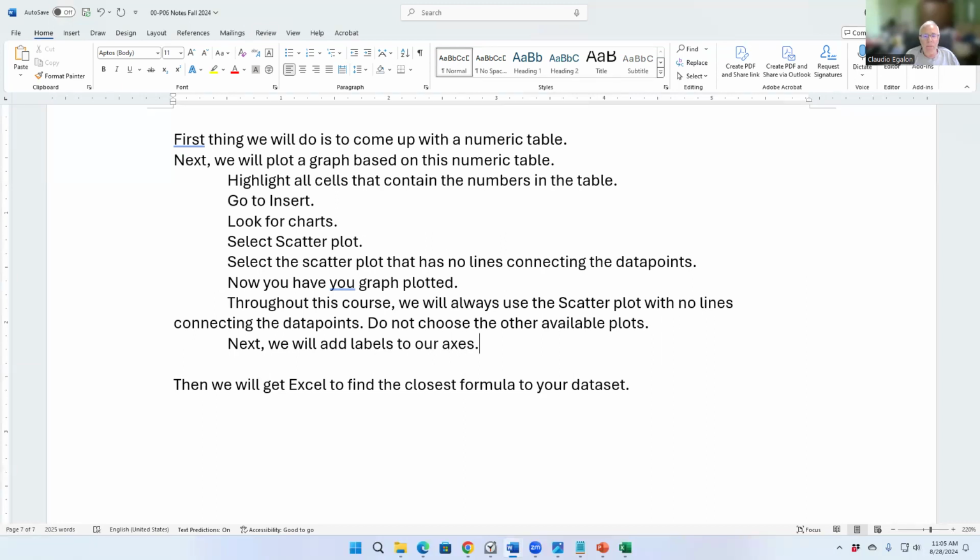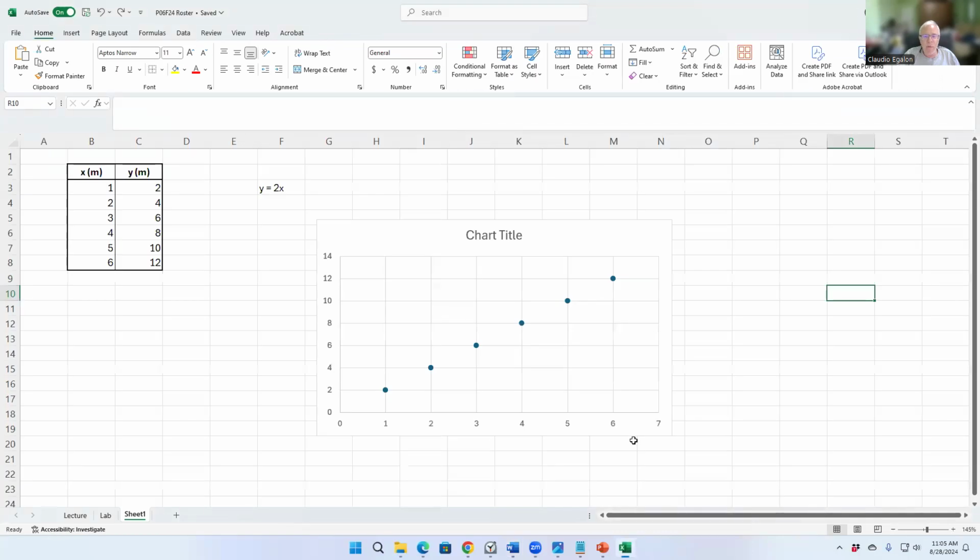Labels to our axis. You will always have to do that in this course. You have to add labels, not just labels, but also the units of the labels.